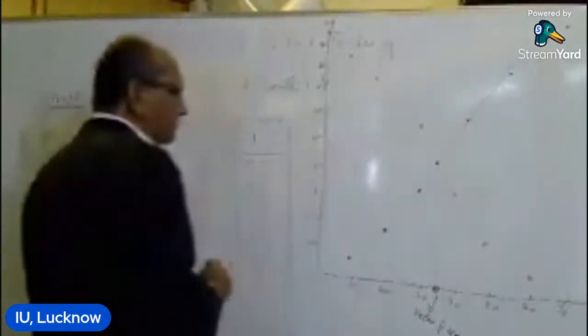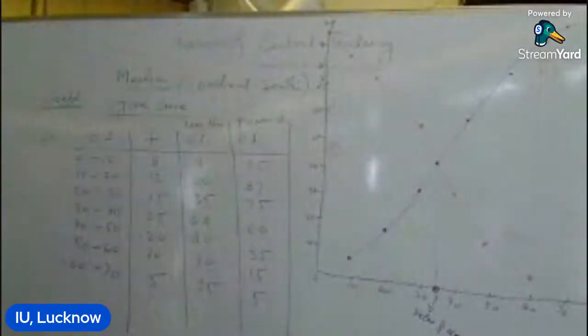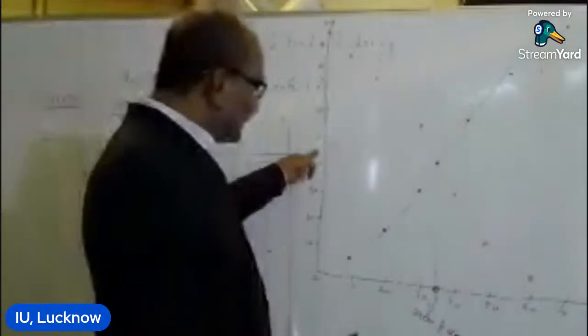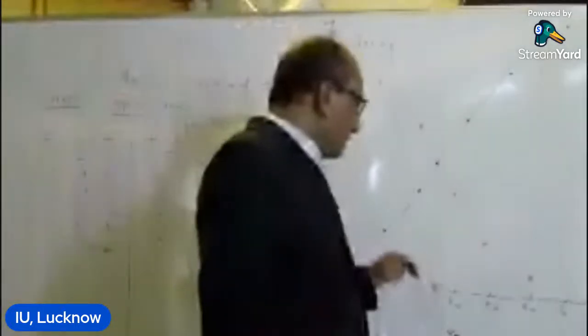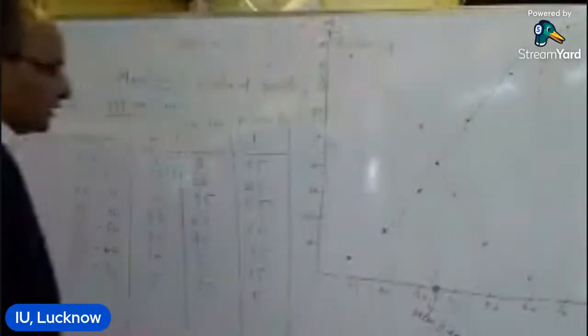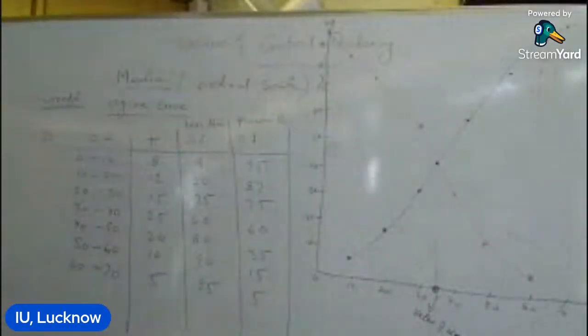So n by 2 is obtained from the y-axis, and the value of median will be obtained from the x-axis.